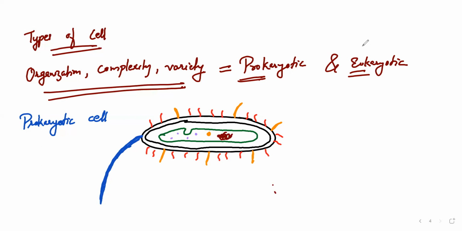Here we'll be seeing three things which are for motility. One, this blue color, is the flagella. Then this big thing is called the pili, and the small hair-like structure is the fimbriae.